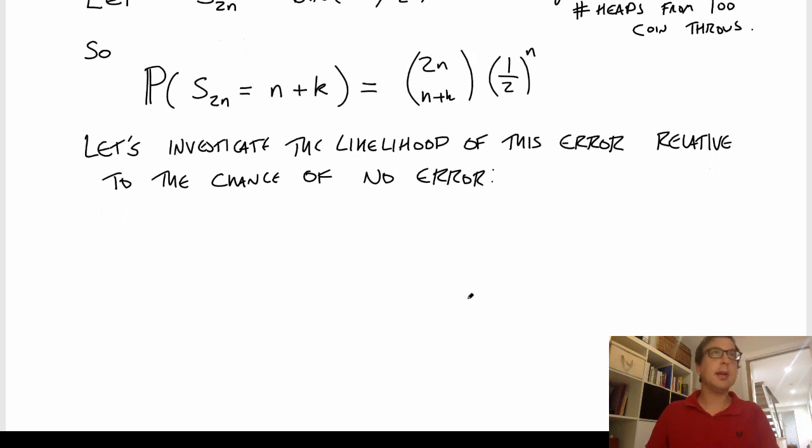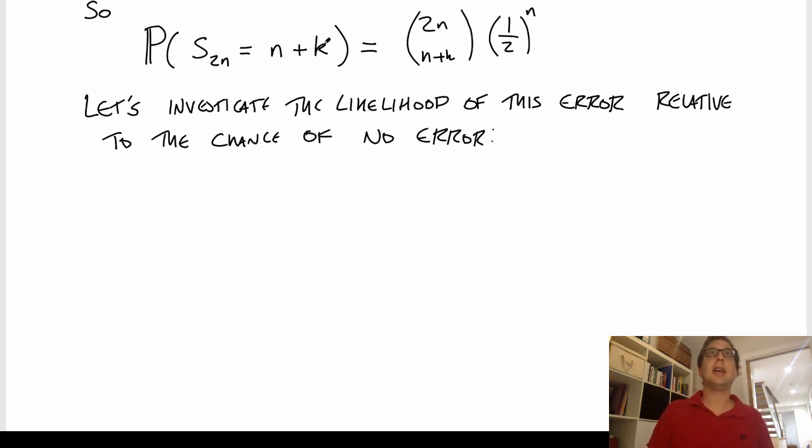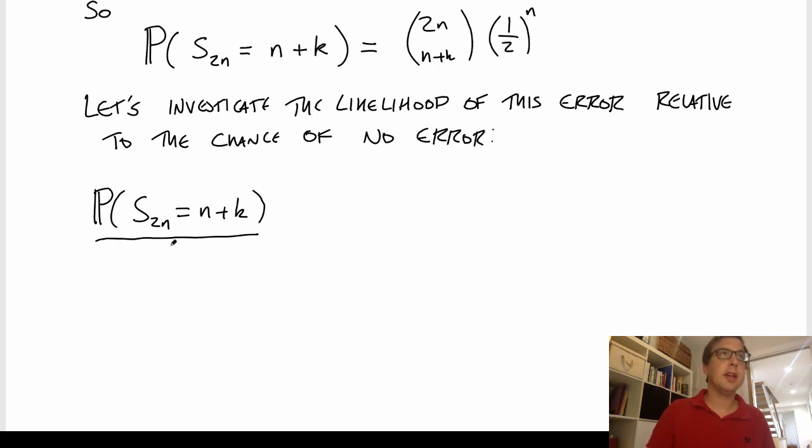So what I'm saying here is let's look at the probability that we get an error of k relative, by which I mean divided by, the probability there's no error, so that's k equals 0. Okay, so let's investigate that guy.